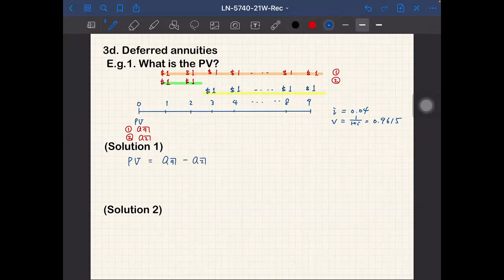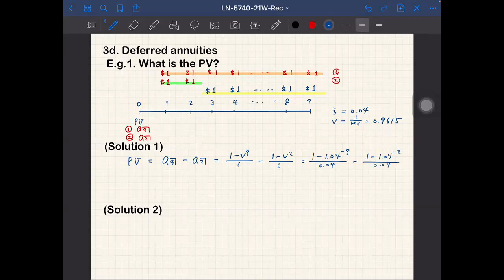And both are easily calculated by the formula. If you do it by hand, then it is 1 minus 1.04 to the power negative 9 over 0.04, minus 1 minus 1.04 to the power negative 2 over 0.04.